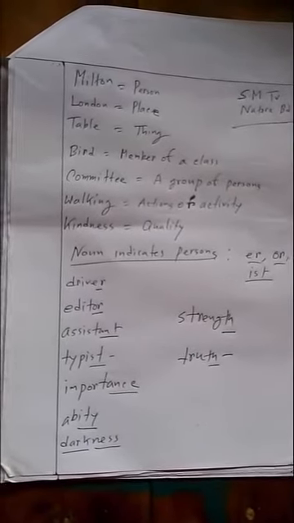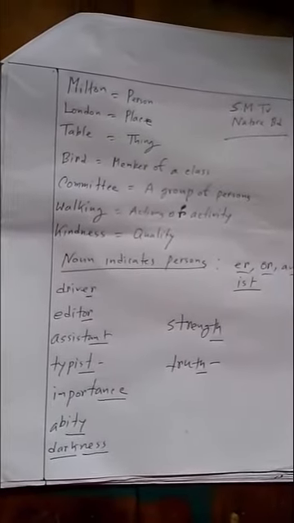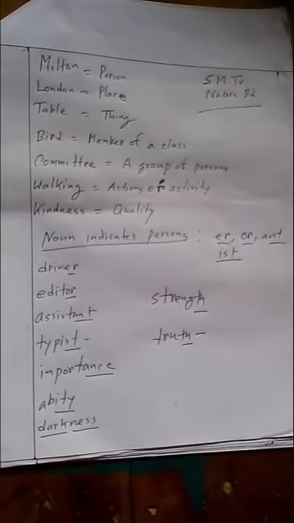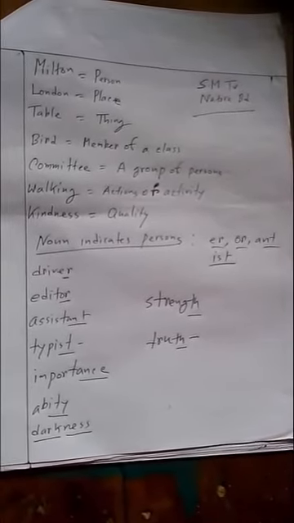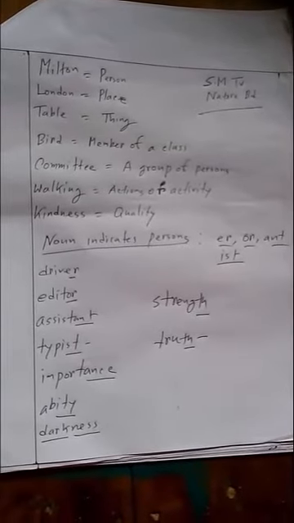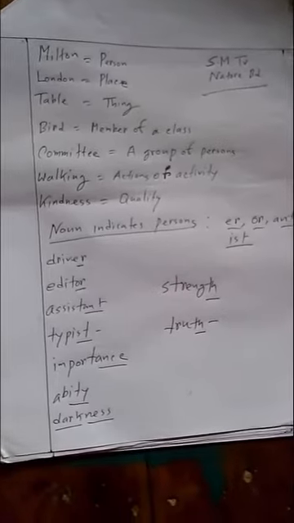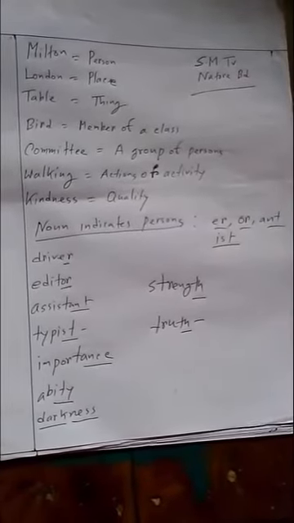This is a very easy way to change words, to find singular and plural, or to derive one part of speech from another. So I hope that these items are very helpful and you can practice these things.